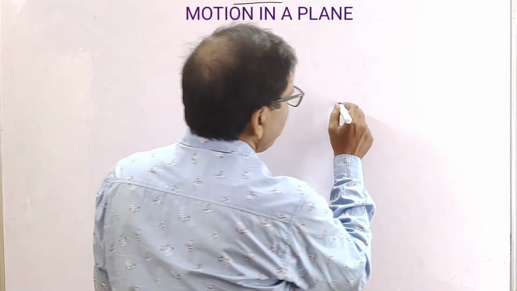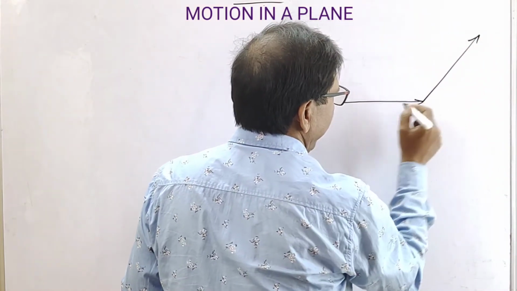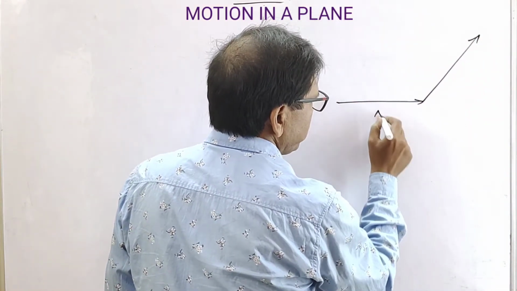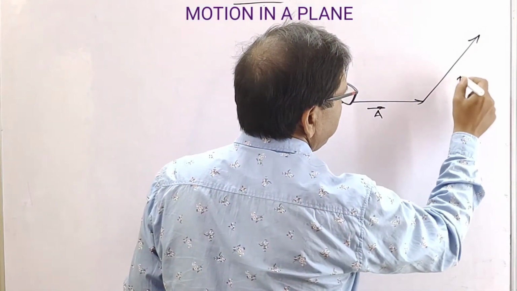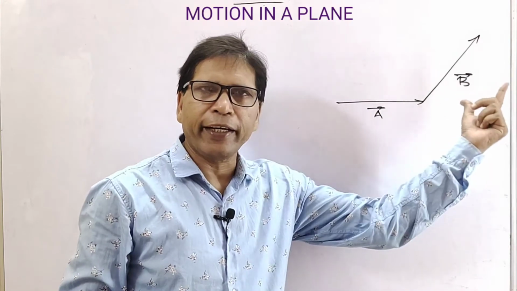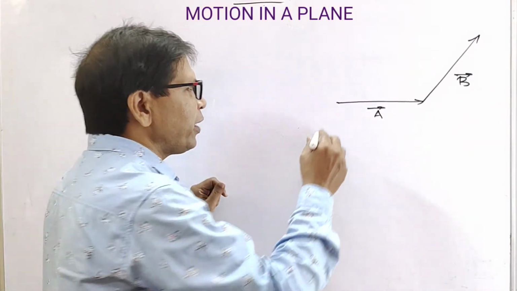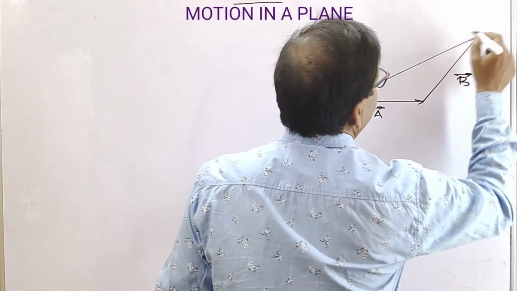Next, vector addition. First of all, triangle law. If two sides of a triangle represent two vectors both in magnitude and direction, suppose this is the A vector and this is the B vector, then the third side taken in reverse order represents their sum. Look at this, this is the third side.